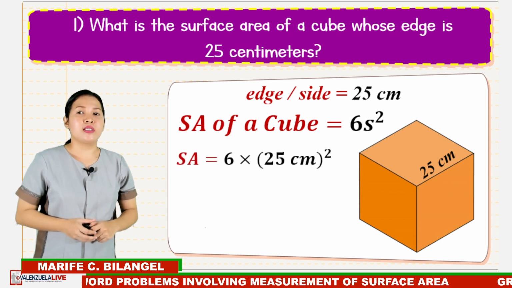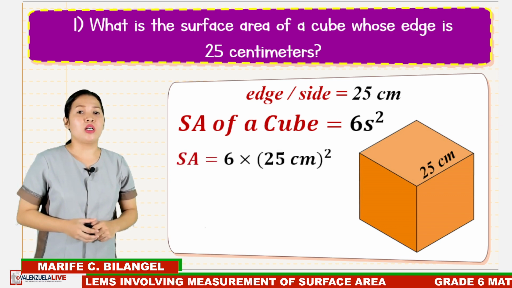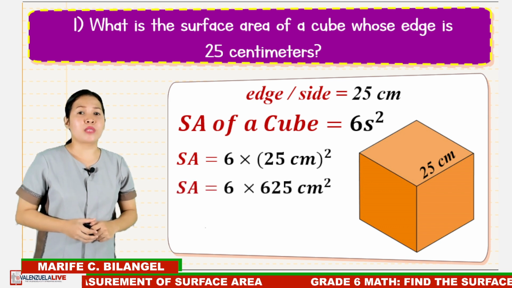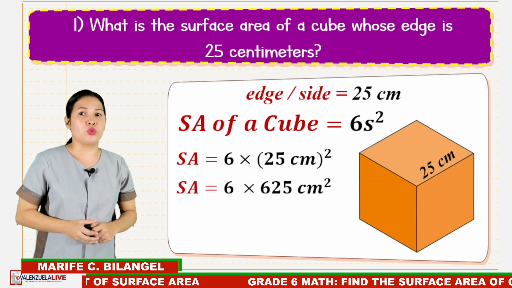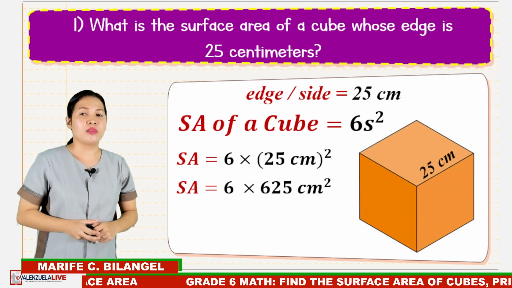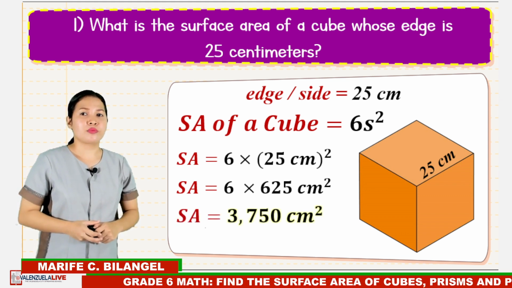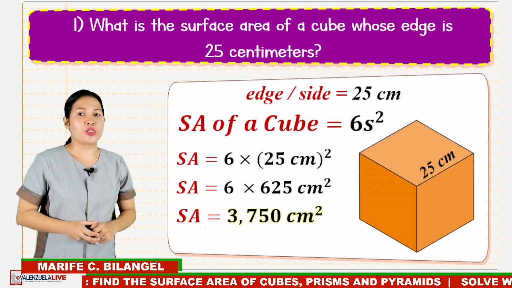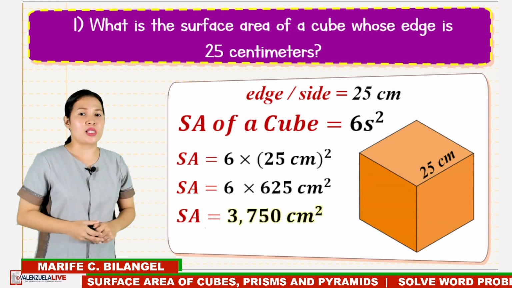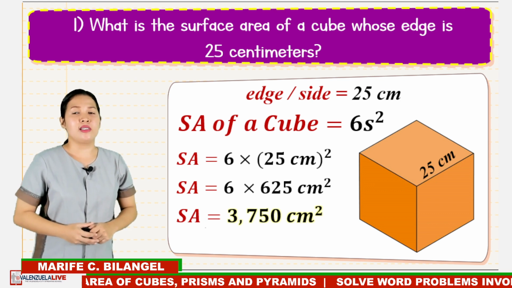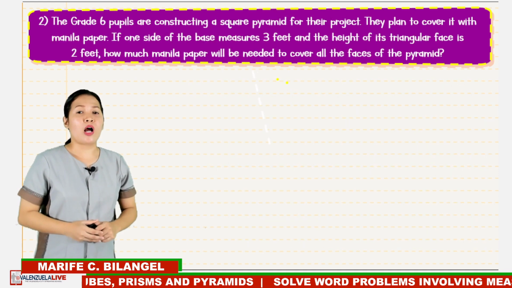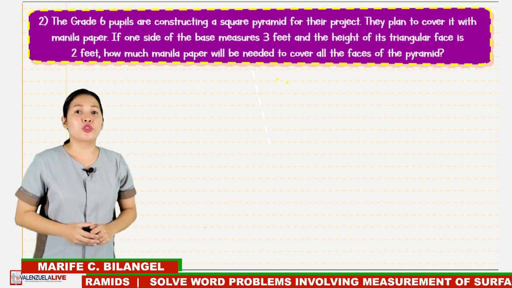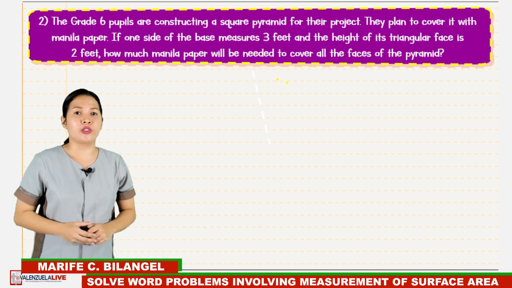So we have 6 times the quantity 25 centimeters squared. 25 times 25 is equal to 625. Then 6 times 625 square centimeters is equal to 3,750 square centimeters.